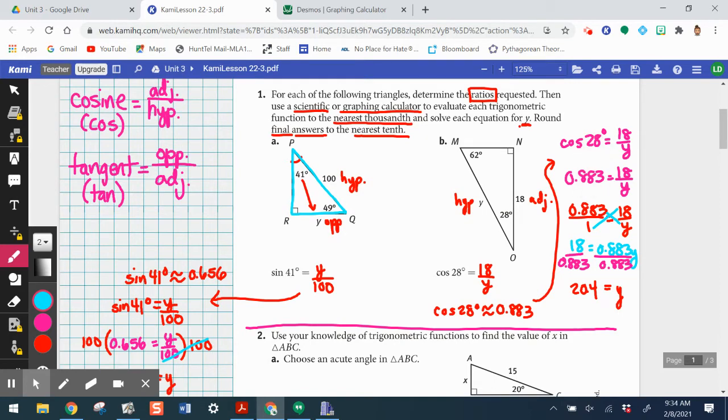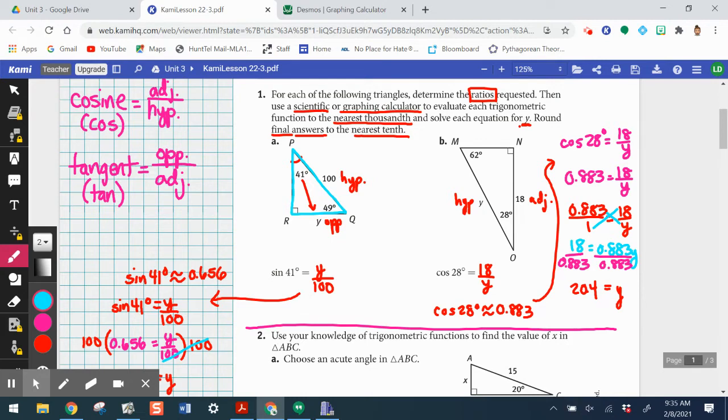And just like that second method I showed you, I put 0.883 over 1 to write a proportion, and then I cross multiplied. Got 18 times 1, which is 18, 0.883 times y, which is 0.883y. And then to undo this multiplication so I can solve for y, I divide both sides by 0.883 and found that y equals 20.4.